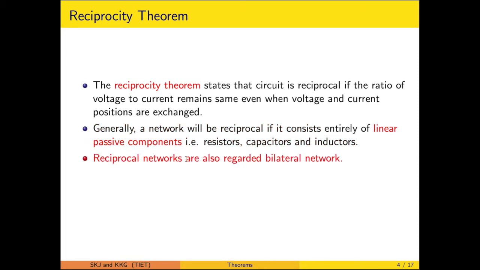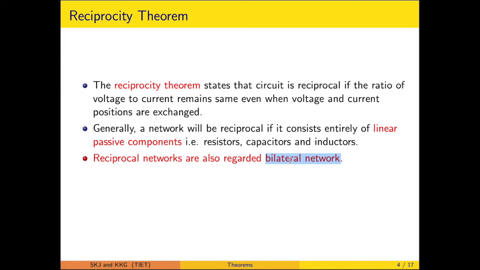The reciprocal networks are also regarded as the bilateral. So the bilateral networks are those where their performance is not affected by the change of direction of, let's say, current flow. So in this particular, when we are moving the input from the X dash position in the first diagram to the Y dash position in the second diagram, the direction of current flow is going to be changed.